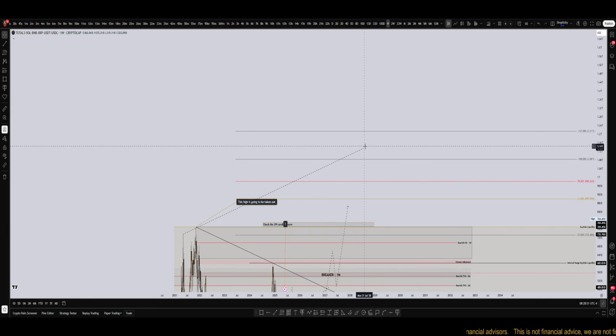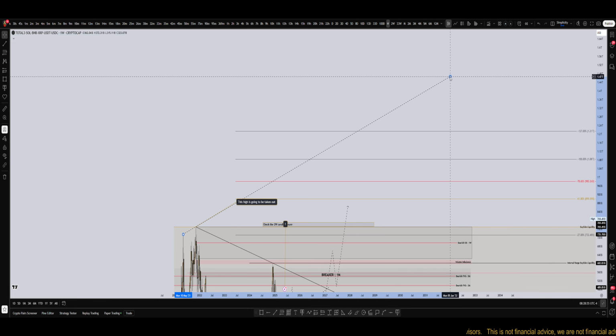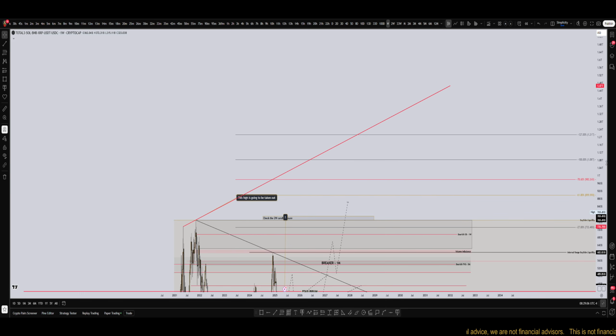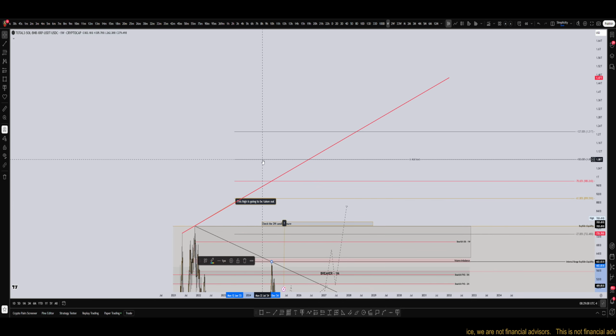My bad. Okay. I'm gonna give this some more importance. I'll make this red. Make it a little bit thicker because it's crucial to pay attention to this trend line.